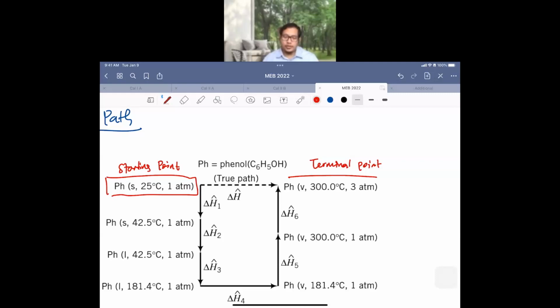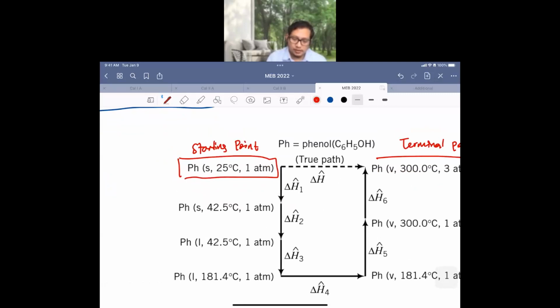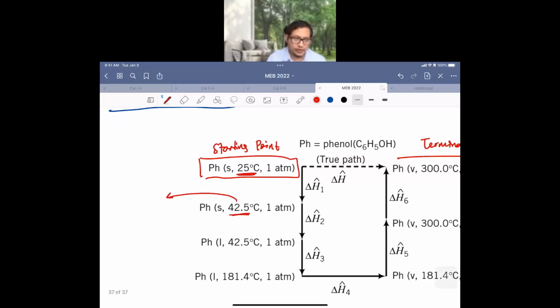So what we are going to do is approach some other delta H that might have been calculated. For example, we may take 25 degrees Celsius going to 42.5, because 42.5 is the normal melting point of phenol.